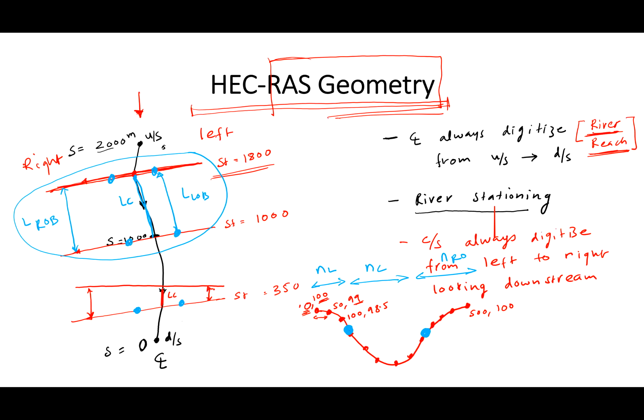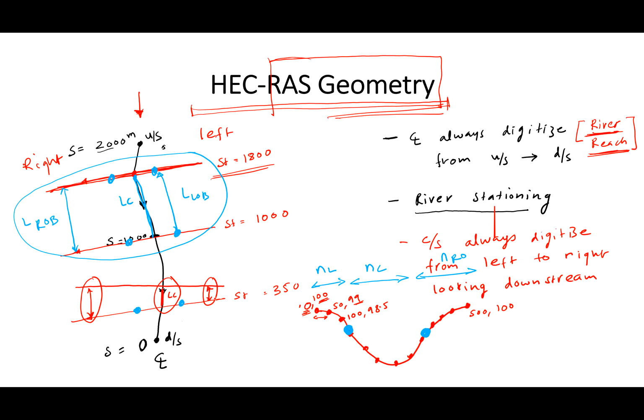So in this case, you can see these three lengths are different, and that's how the equation that I showed you in my earlier slide is used when you have a curvilinear channel and these lengths are not equal.